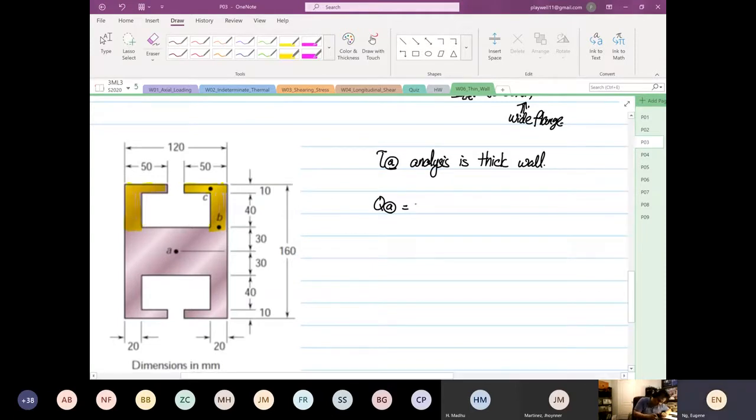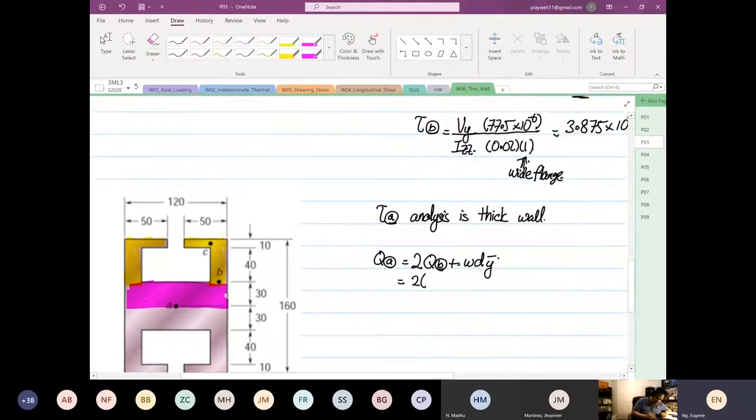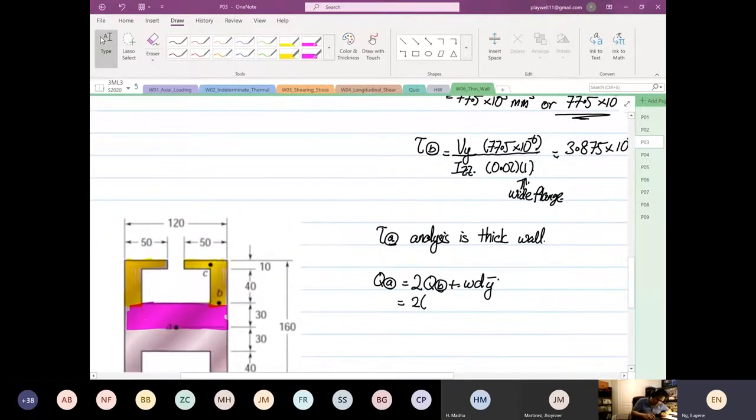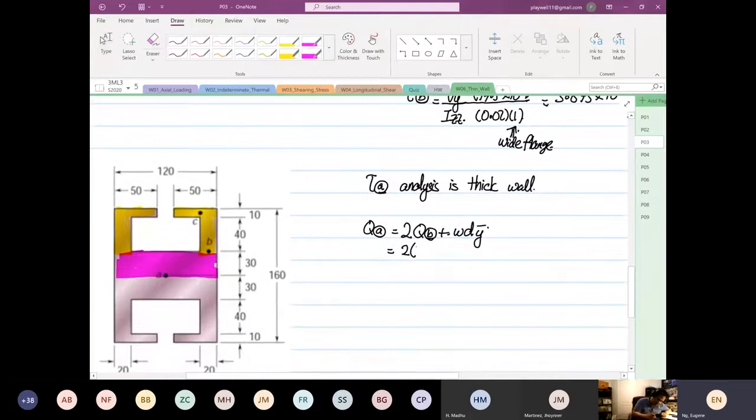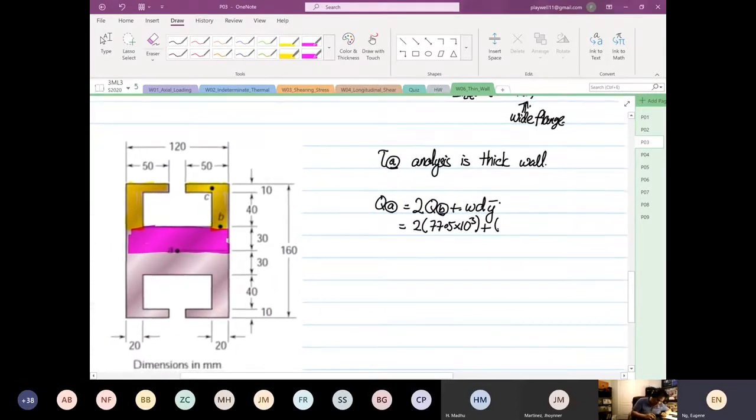So 2 times the first moment of area of B, plus by that pink section. Okay, so plus by your width, depth, y bar for the pink section. So twice first moment of area of B, 77.5 times 10 to the power 3, plus by the width, which is equal to 120.